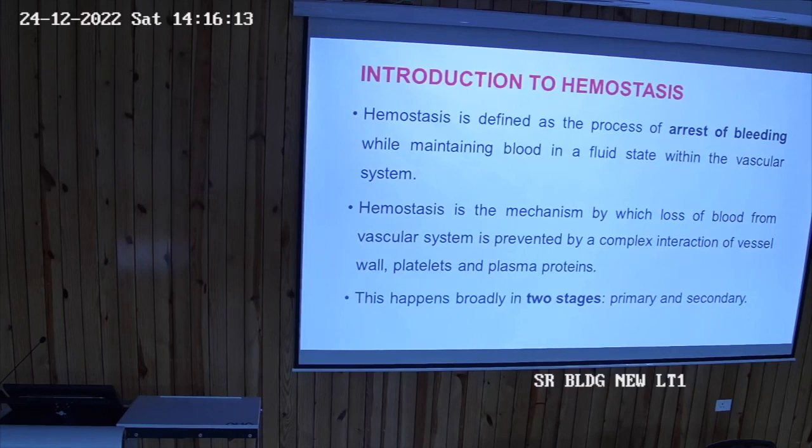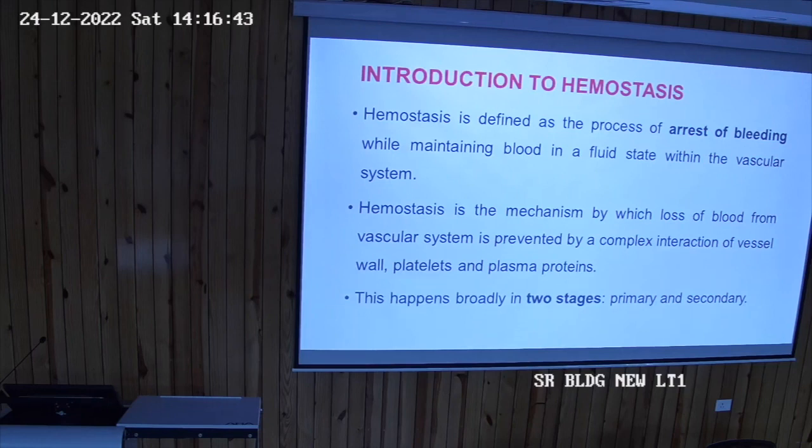Until unless some injury or trauma has taken place, it should be freely flowing in the vessels. Blood has to flow. But the main components responsible for hemostasis are already present in the blood. They are present as platelets, as plasma proteins and various clotting factors in the tissue. Okay, but still they do not make a clot or a plug.